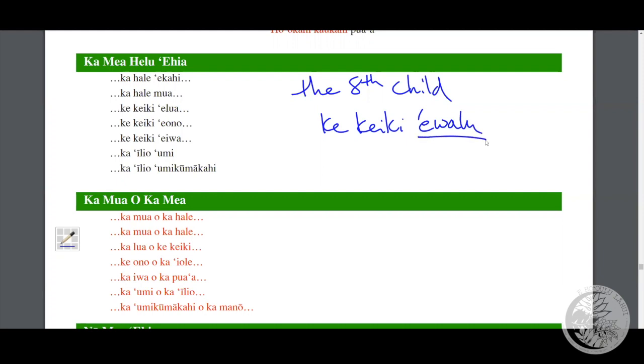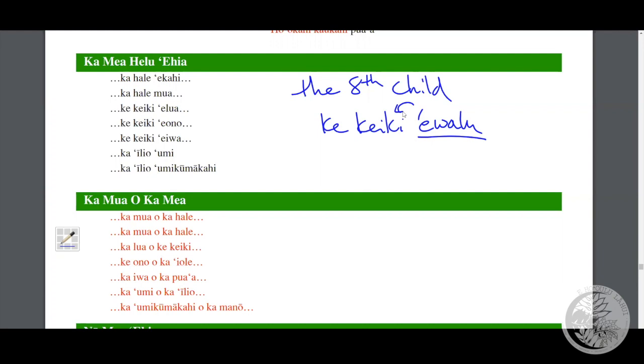Maybe I'm talking about Kimo, and Kimo is the 8th child of the family. Yeah, so maybe it's something like, the 8th child. The 8th child. Yeah, I'm talking about one child, the child who's number 8. Okay, keiki. And of course, is it evalu or valu? And we should recognize it's actually evalu when it's used as a kahulu.